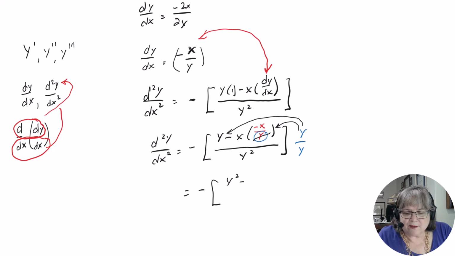That's going to cancel out this one. And we have this negative times this negative, right? So instead of a minus, I'm going to have a plus. This is x times x is x squared. Okay, so do you see where all that came from? This y is going to cancel out this y. This x times this x is x squared, and the two negatives make a positive over y cubed.